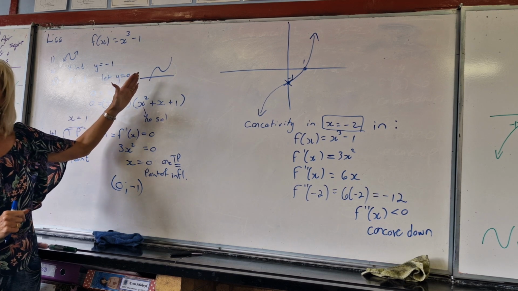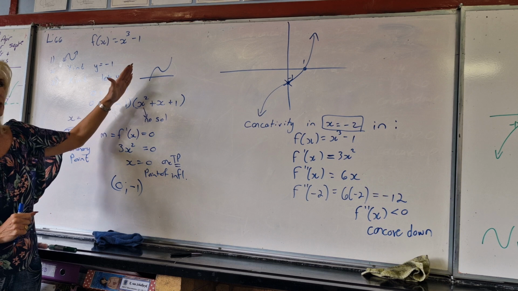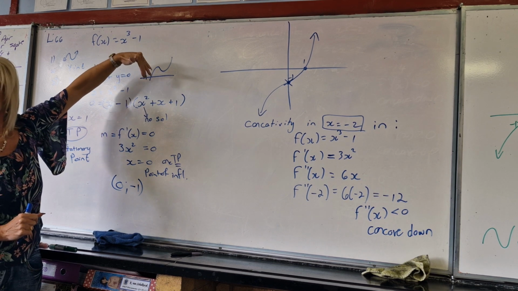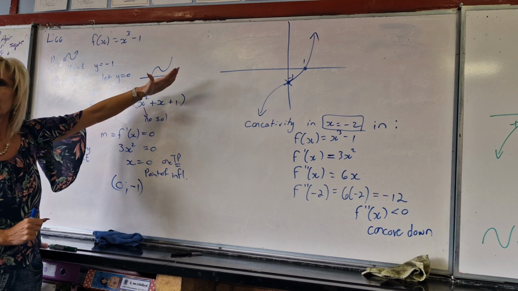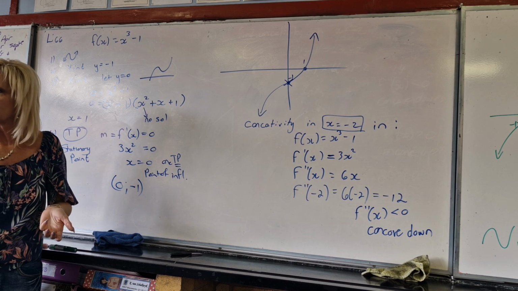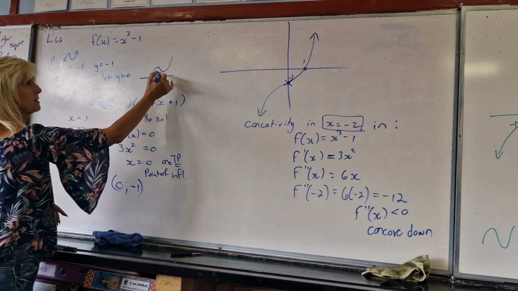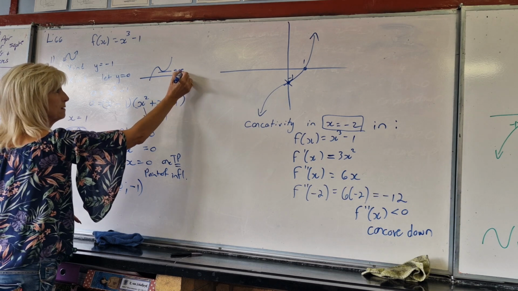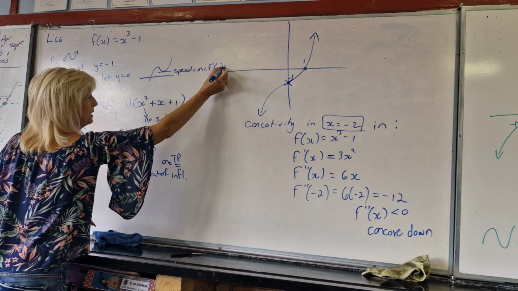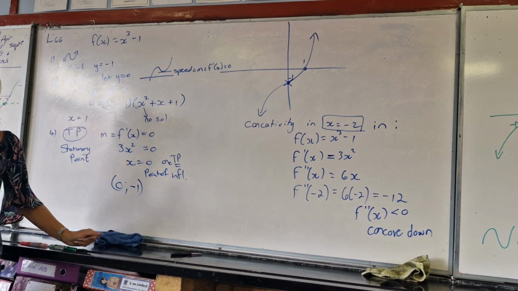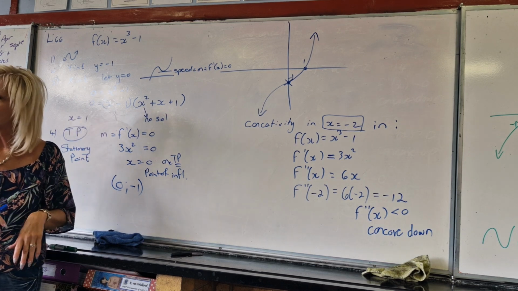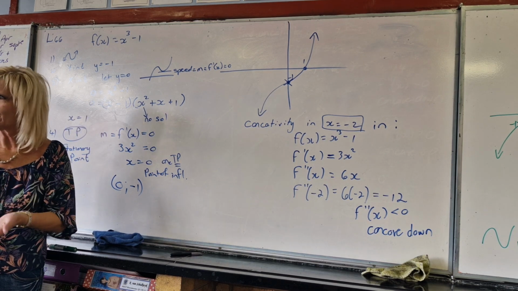So if you're thinking speed here, the speed is going to decrease to 0, and then increase again, and then decrease again, and then increase again. But at the turning point, it's going to stand still. So if the gradient is 0, then the speed, which is your derivative, will be equal to 0. So they talk about stationary. Now, if they say there's a stationary vehicle on the R29, what does that mean? It's standing still, it's not moving.